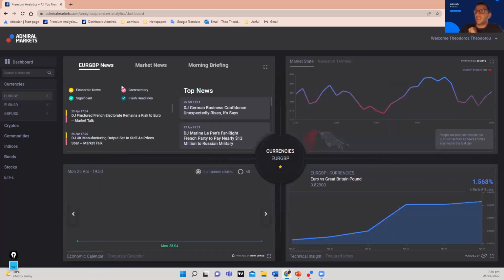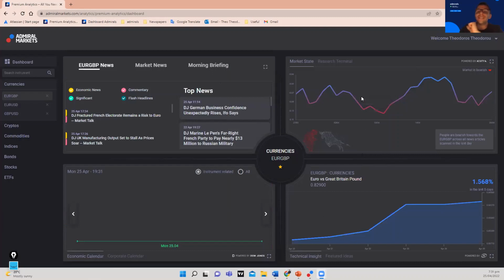Now, these two windows here, guys, they were related to the fundamental side of the premium analytics. Now we're going to see this window here and this window here.